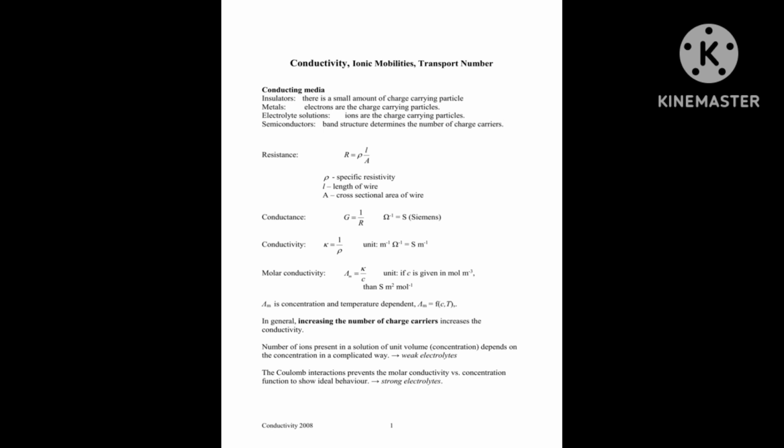But here the cell constant value you have to calculate first. Then the cell constant value is equal to conductivity into resistance. Then the resistance value is given in the question for the first solution.